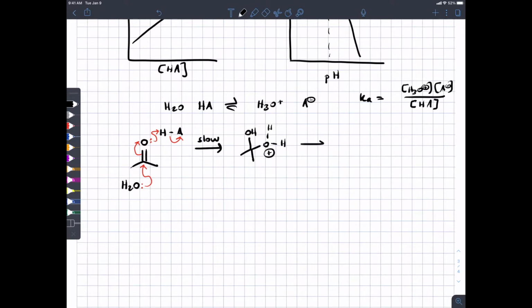And then suppose that the remainder of this is fast, where the conjugate base of our acid would remove a proton, and then we get the ketone hydrate and our acid regenerated.